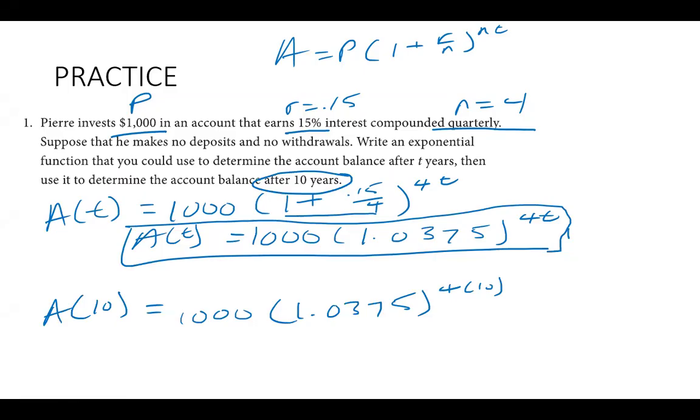So how much money will Pierre have in his bank account? 4,000, what? 360, 60, just 60, right? Point what? 38.